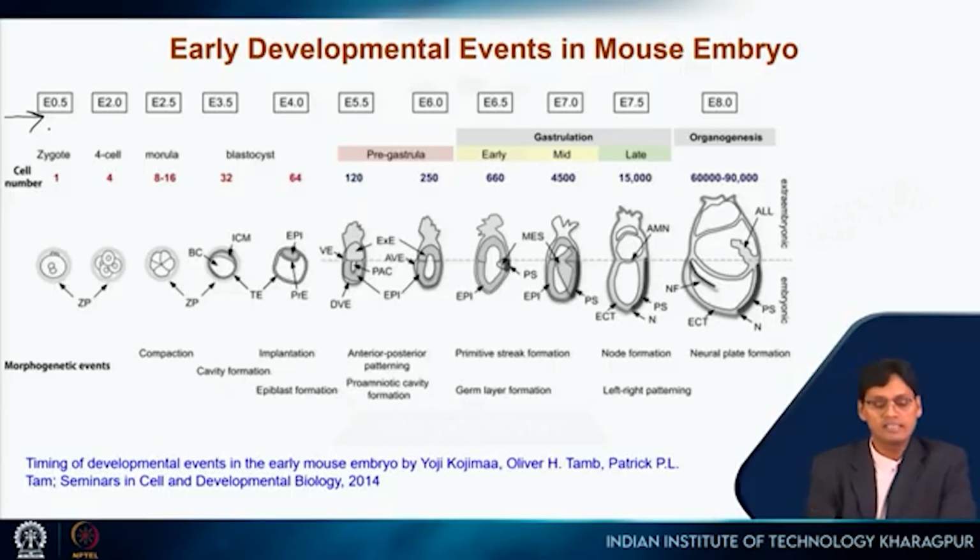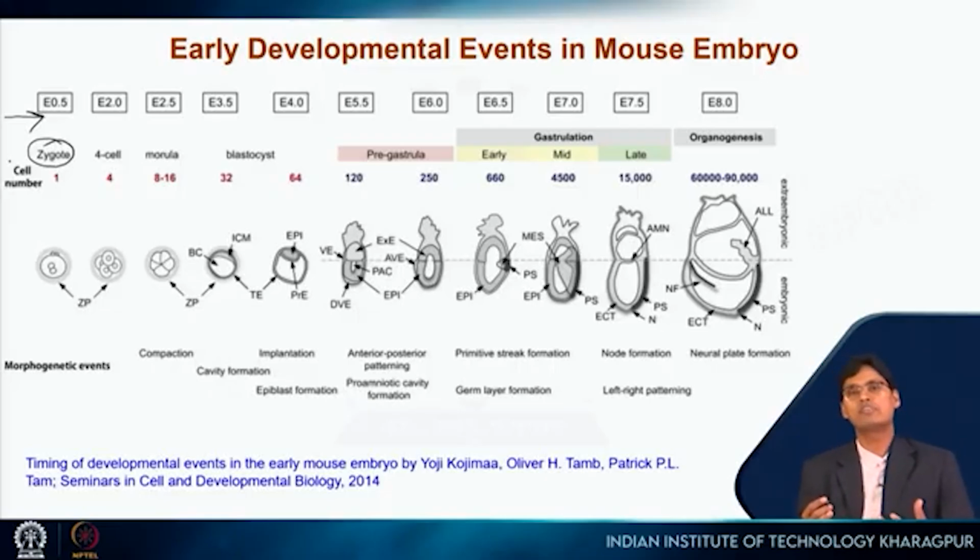And then there at the beginning, we are showing that this is zygote. One thing we have to understand: whatever I mentioned about frog egg as well as Drosophila egg, in that case the female frog or female Drosophila just lays eggs externally.